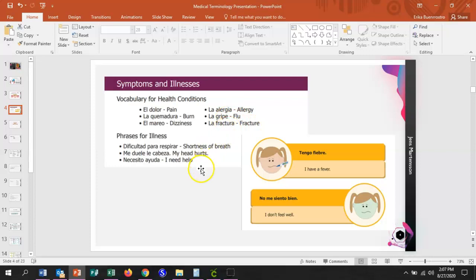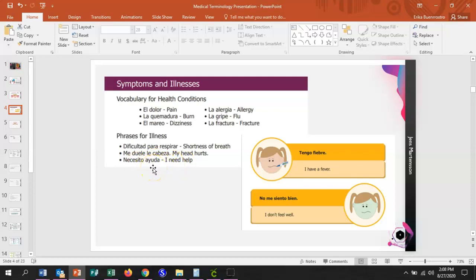Okay. So phrases for illnesses. For example, if somebody's having shortness of breath, you're probably going to hear them say dificultad para respirar. When they say my head hurts, they're more than likely going to say me duele la cabeza, or sometimes they'll say dolor cabeza. And I need help: necesito ayuda. And this is not necessarily just in the medical profession.